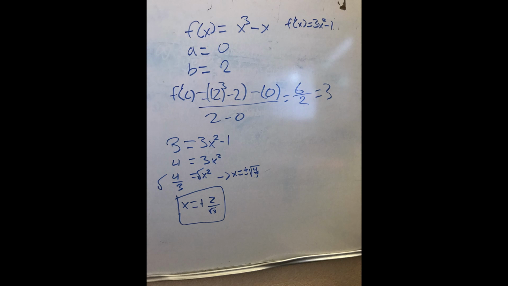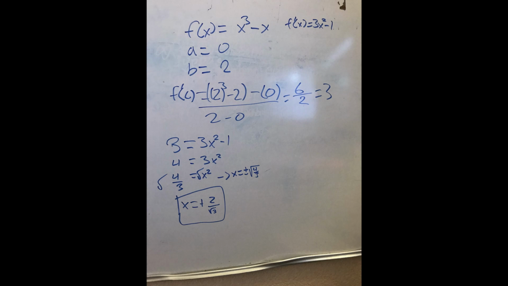Now we plug those values into our equation for the mean value theorem. f prime of c equals f of b minus f of a all over b minus a. So we have 2 cubed minus 2 minus 0 all over 2 minus 0. That leaves us with 6 over 2, which equals 3. So now 3 is equal to f prime of c.